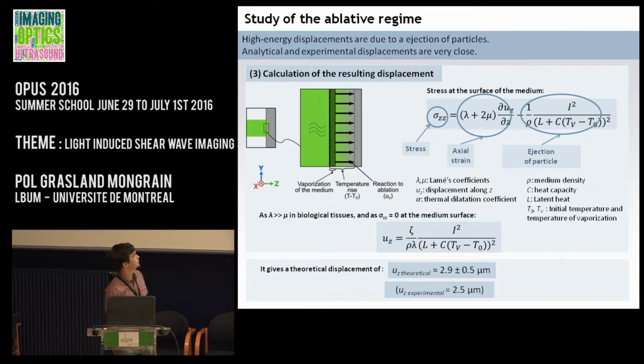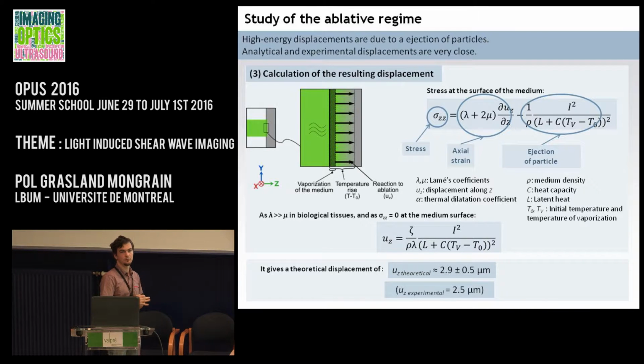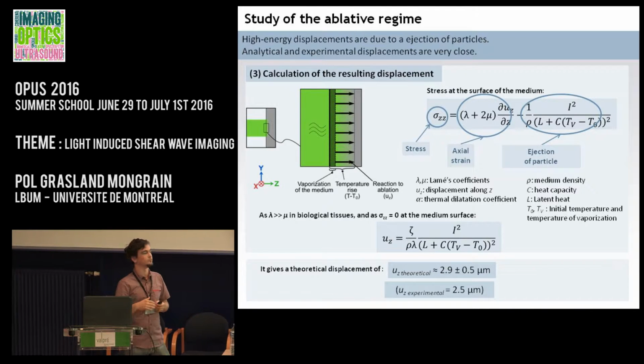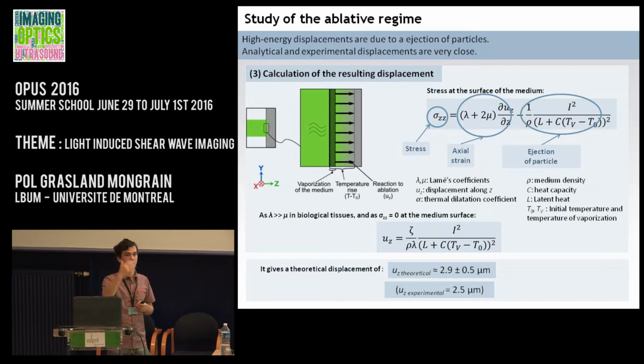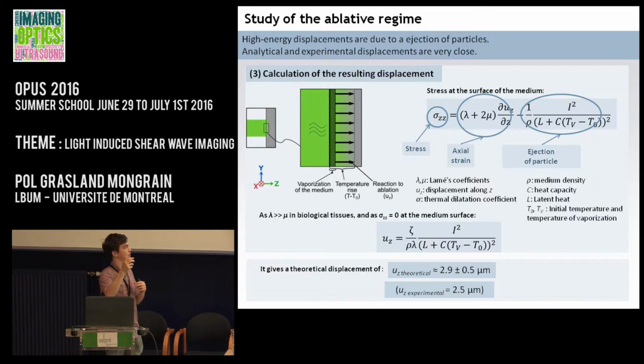So again, we can calculate the stress, which is the sum of the axial strain and a parameter which shows the ejection of particles. This term corresponds to the energy which is brought by the laser divided by the energy which is needed to increase the temperature of the particle to the vaporization point, and then to change the state of the medium from a liquid to a gas to be ejected.